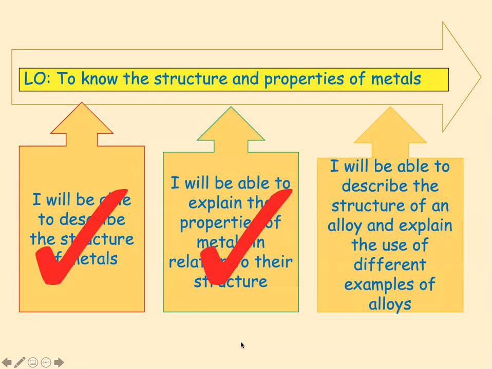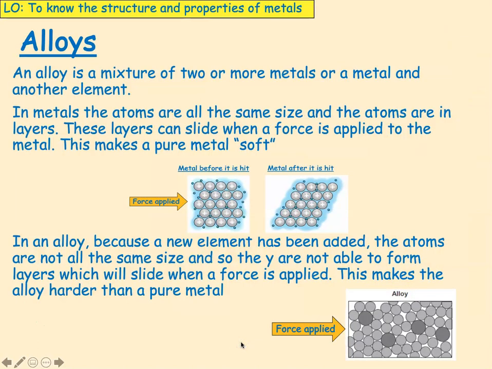Hopefully by the end of this screencast you'll be able to describe the structure of an alloy and explain the use of different examples of alloys. So what is an alloy? An alloy is a mixture of two or more metals mixed together, or a metal and another element, like carbon.